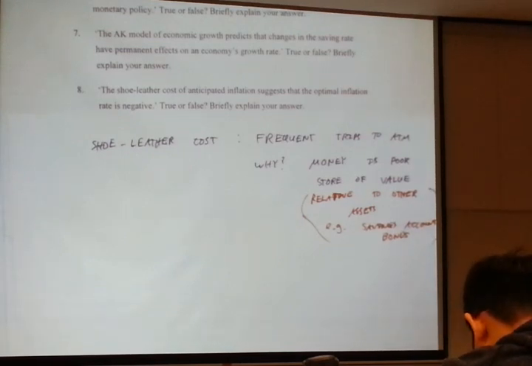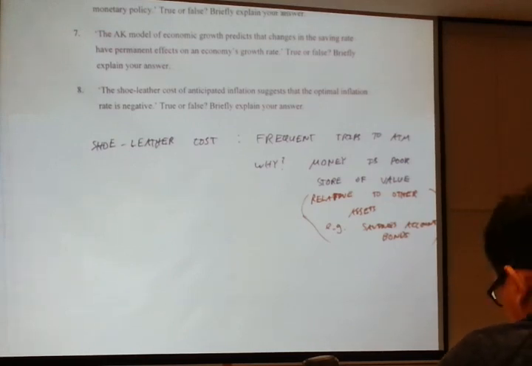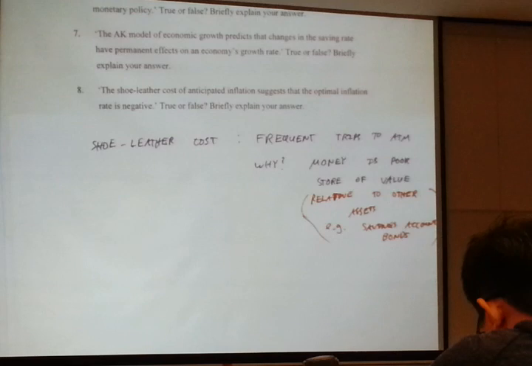Okay, so the claim is that these shoe leather costs are a problem. If you want monetary policy to avoid this problem of shoe leather costs, what should monetary policy do? What would be a good inflation rate to aim for if you don't want to have this problem? You might think that in most countries this problem is so trivial that we shouldn't even be wasting time thinking about it.